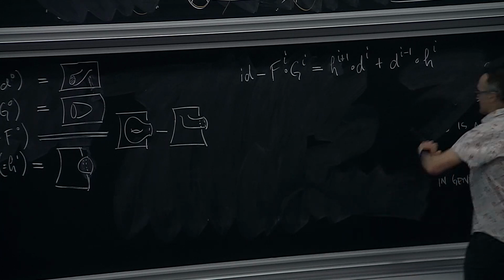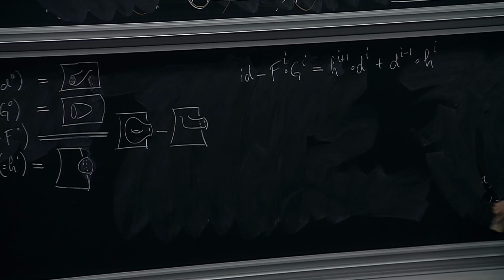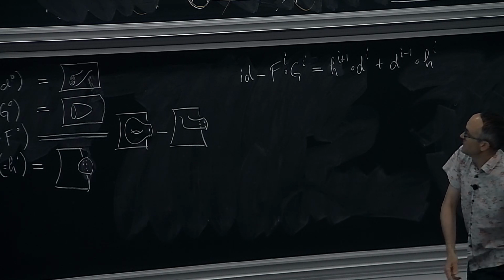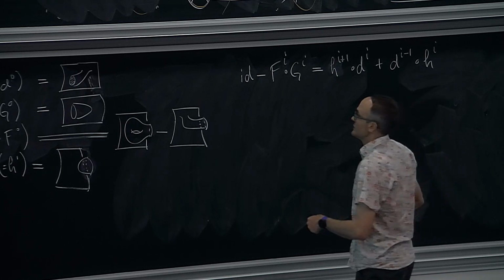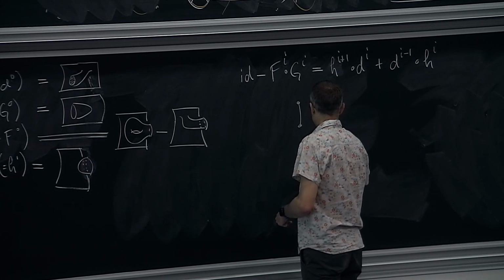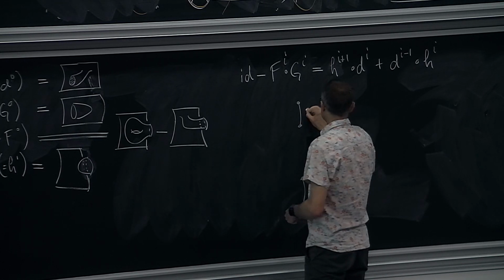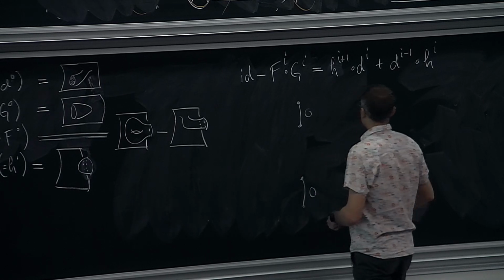So now we're trying to compare F and G composed together. F and G composed together should go from F back down to G first, so up and then down.